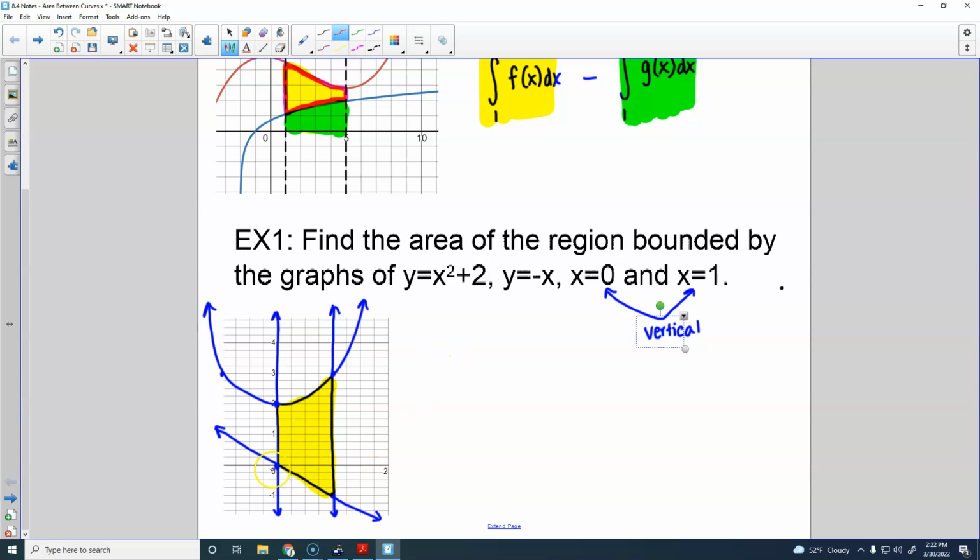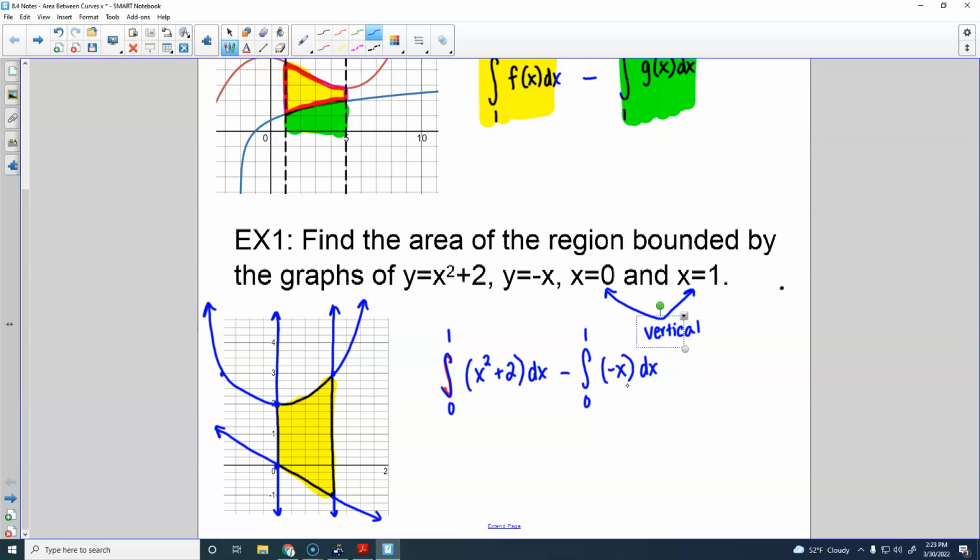So, if we want to find the actual area of that, then we can integrate. We're going to look at the x-axis for our limits because we're integrating with respect to x. We could integrate the integral from 0 to 1 of the top function, which is x squared plus 2, minus the integral from 0 to 1 of the bottom function, which is negative x.